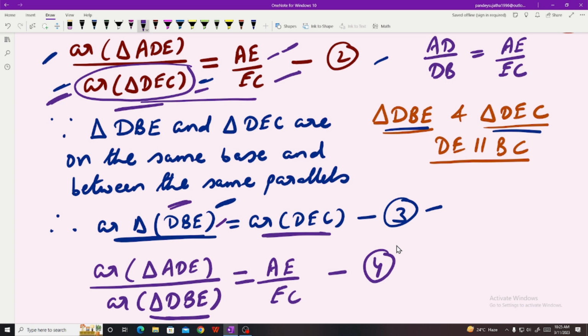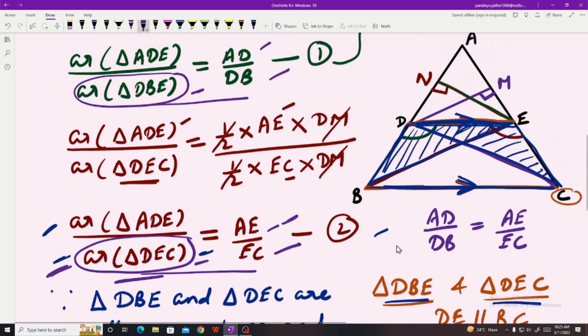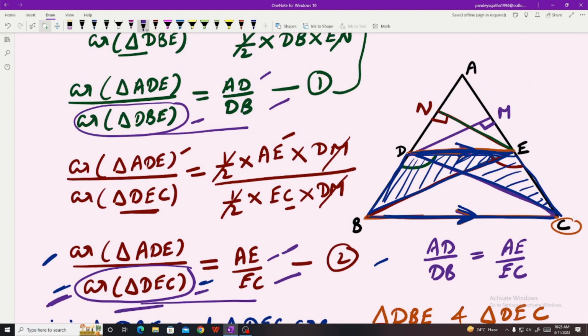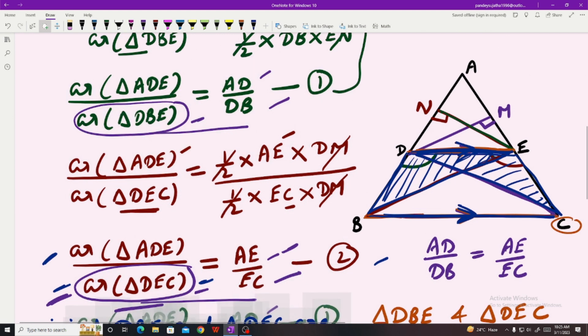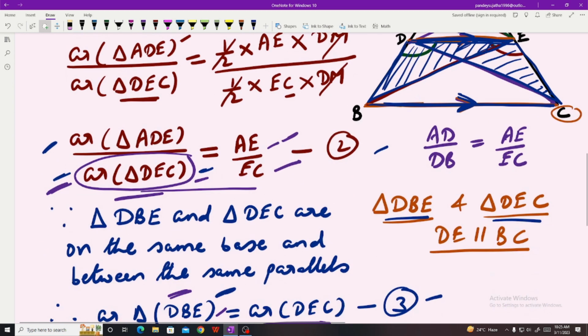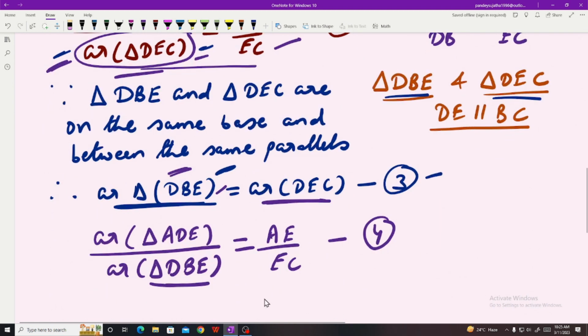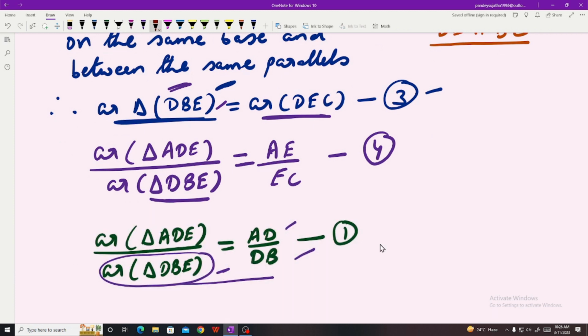So now compare the first and the fourth equation. I'm taking this equation down. Compare this first equation and the fourth equation. So just observe here, area of triangle ADE upon area of triangle DBE is there in the left hand side, and here also area of triangle ADE upon DBE is there in the left hand side.